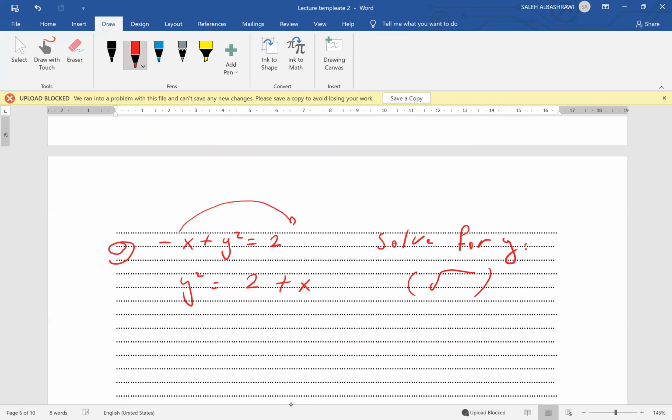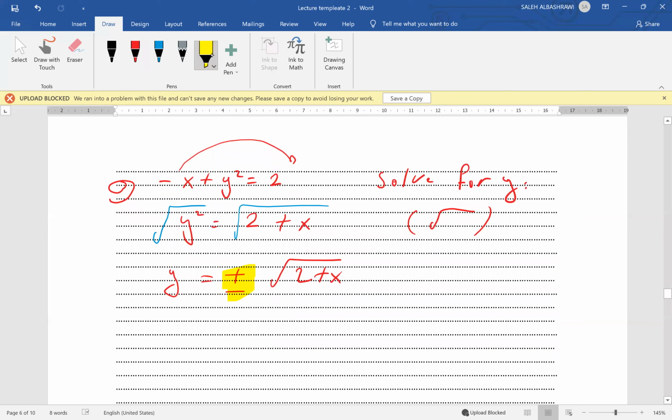I will have the square root of y squared equal to the square root of 2 plus x, or I can write it as y equal. Taking the square root of y squared is the absolute value of y, so we need to write it as plus or minus the square root of 2 plus x. Because it is plus or minus, it means that I have two values of y for each value of x in the domain of the relation.